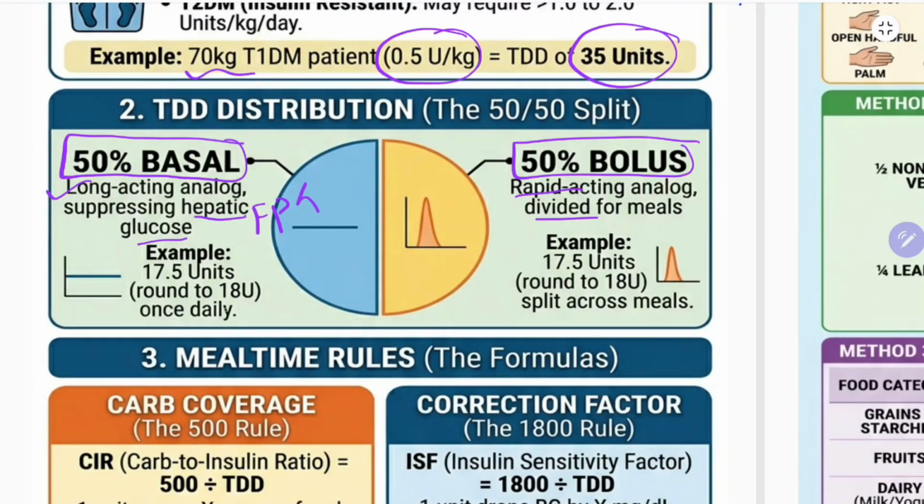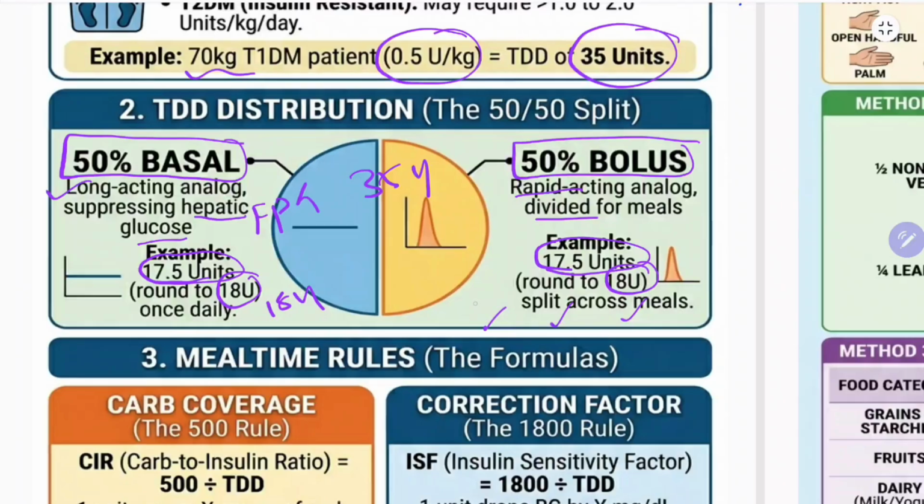So in this example, it is 35 units. You will split. So basal you will give it as 17.5 units, and bolus you will give it as 17.5 units. So basal, if you round it, it will become 18 units, and 18 units will split into 3 meals.